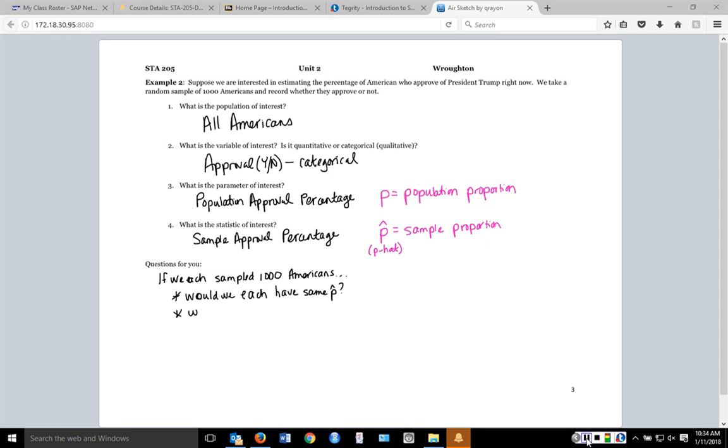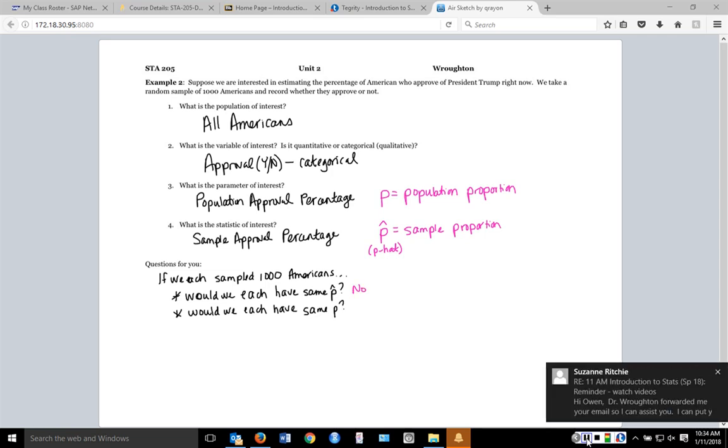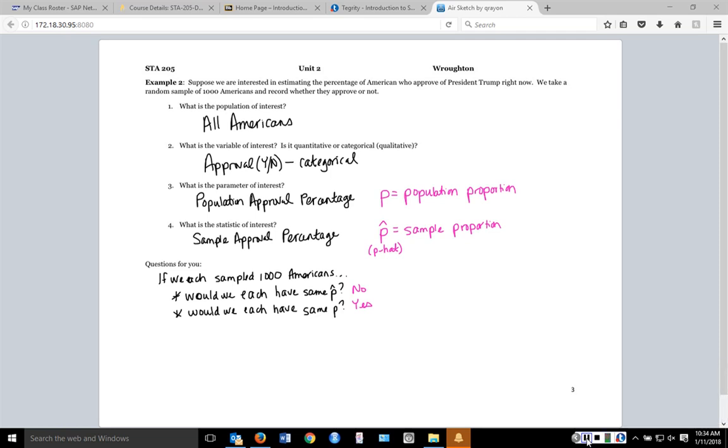Thinking a little bit further, would we each have the same P, or the same population proportion? What do you think? Here, the answer is actually yes, because we all have the same population. That population percentage isn't changing regardless of who I sample.